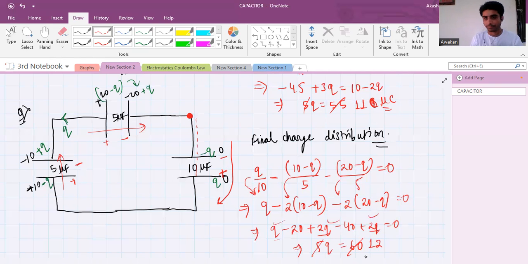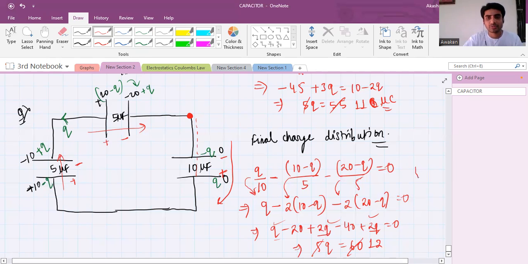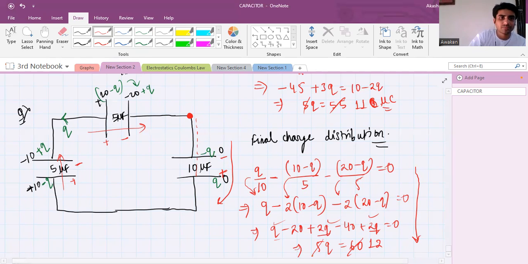Yeah, I got 12 also. 5Q is equal to 12. Sir, we had reached the expression, just the calculation wasn't done. Calculation you will have to do, right? Yes sir. Calculation practice you all have to do in your home. Q is 12 anyway. The final charge distribution all of you can write down quickly.